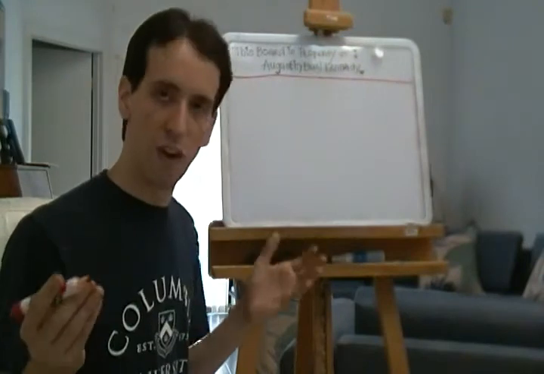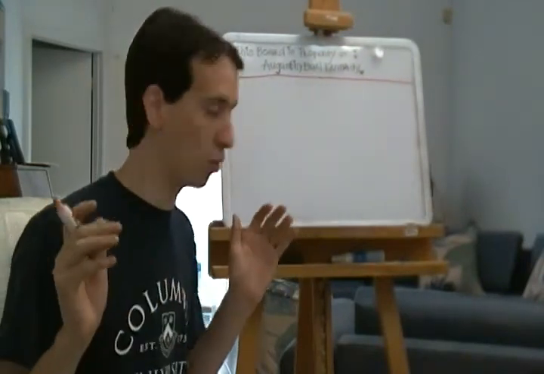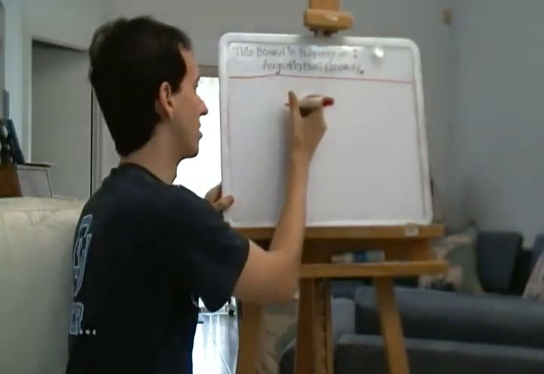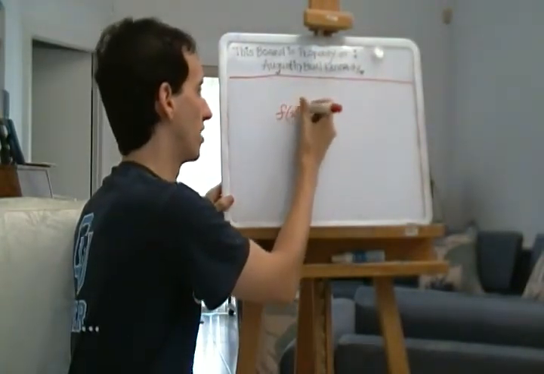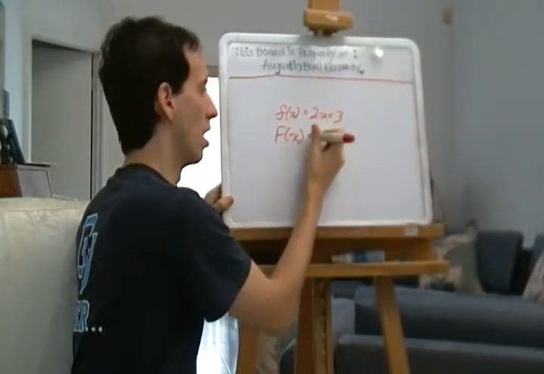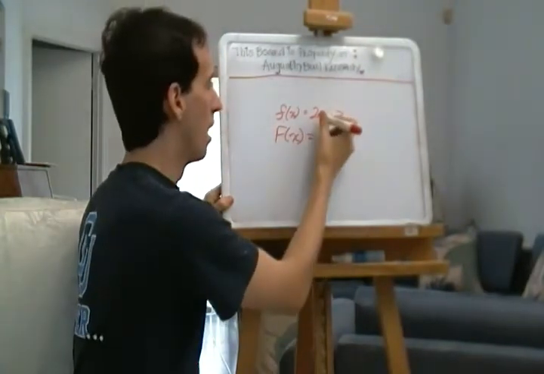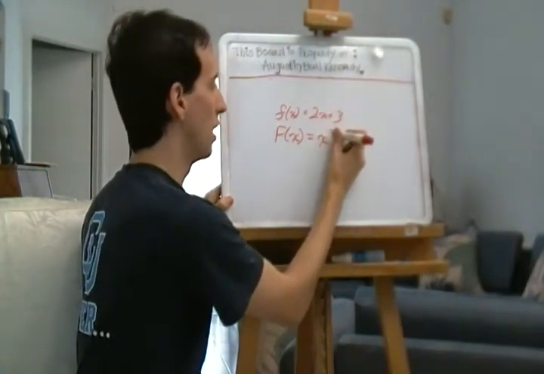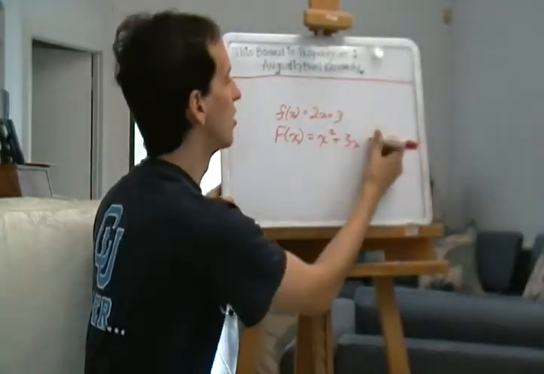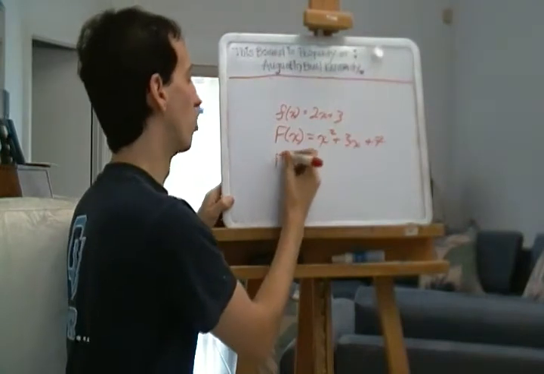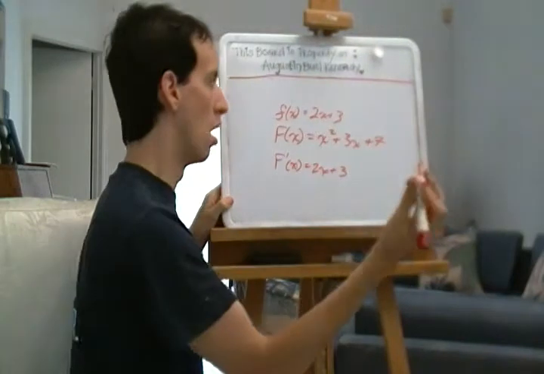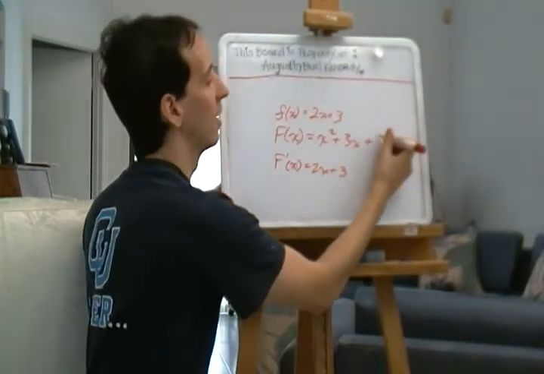So here are some functions that have what's called an antiderivative. It's important to note that if you have f of x equals 2x plus 3, and we want to find big F of x, we know that's going to be x squared plus 3x, but what if this is plus 7? The derivative of the antiderivative is still going to be 2x plus 3, but what if it's 48?